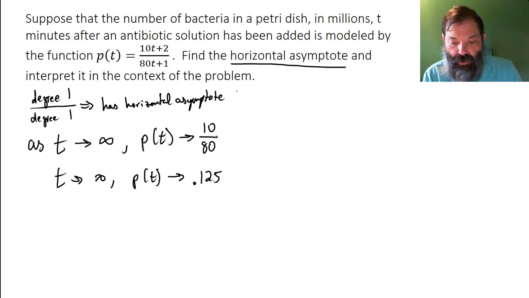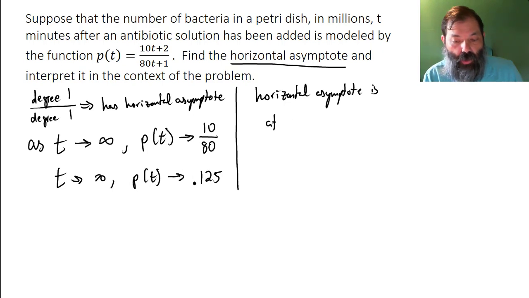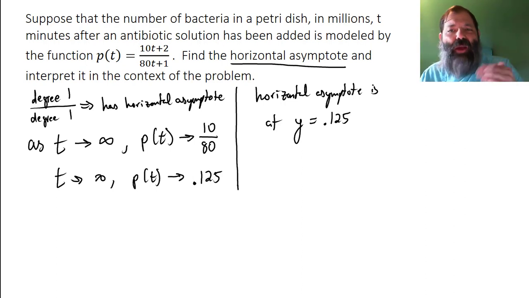The horizontal asymptote is at y equals 0.125, or whatever variable you want to use for the y variable.